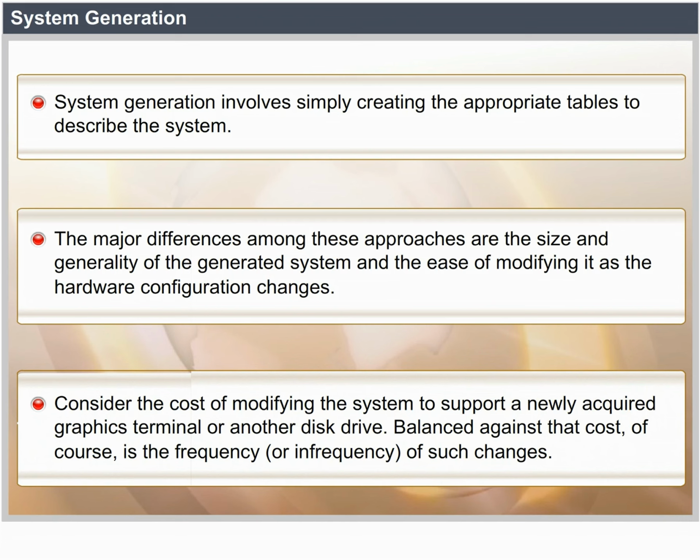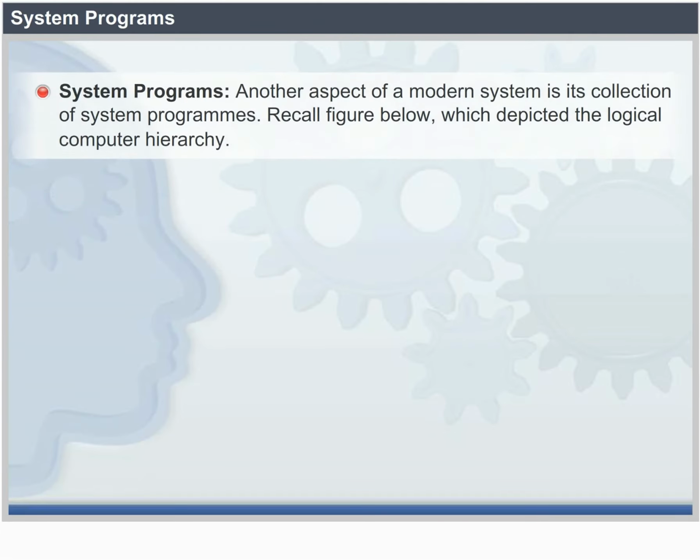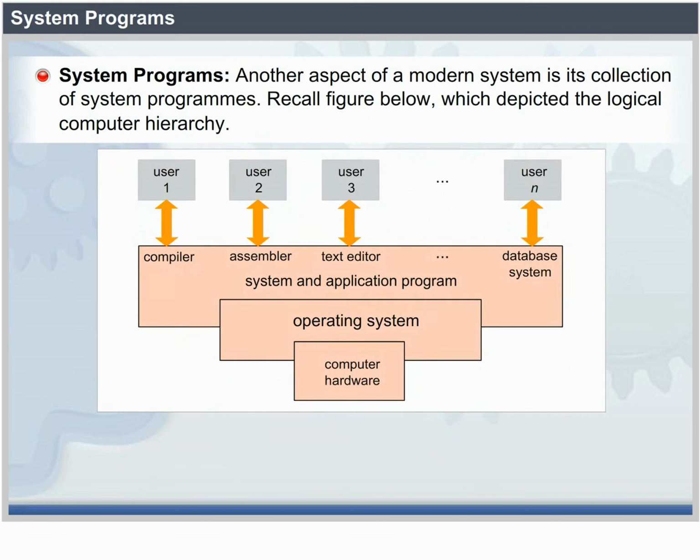System programs. Another aspect of a modern system is its collection of system programs. Recall the figure below, which depicted the logical computer hierarchy. At the lowest level is hardware.